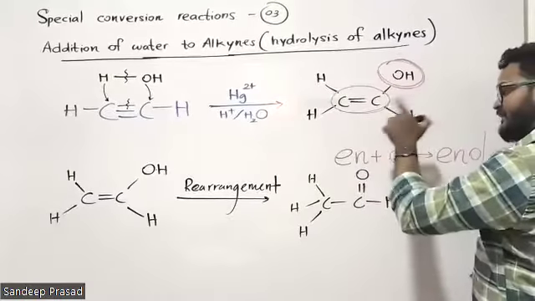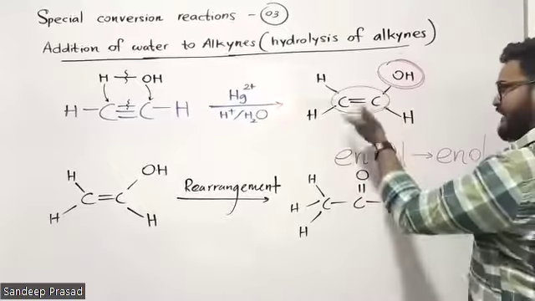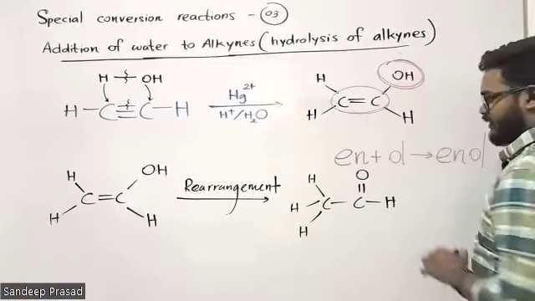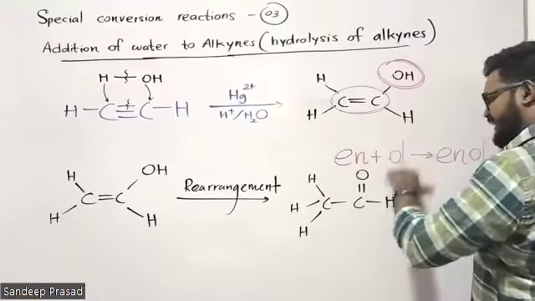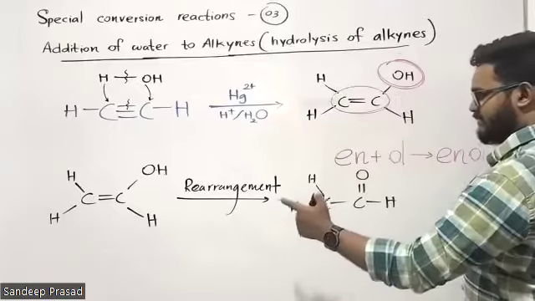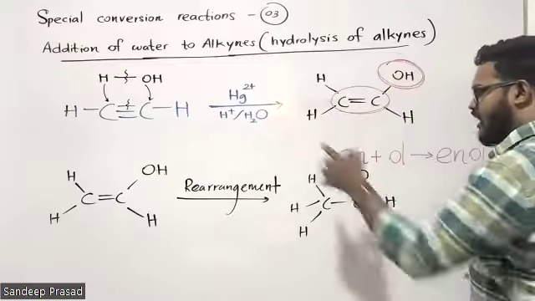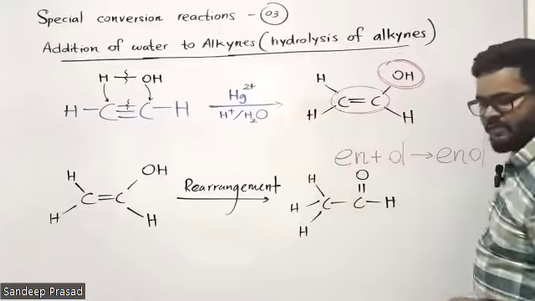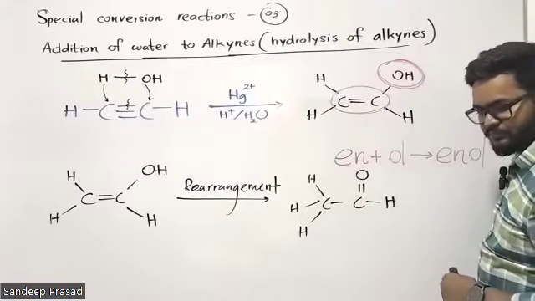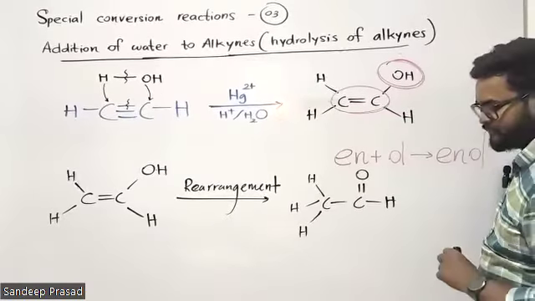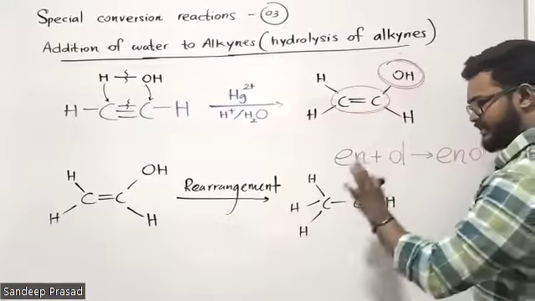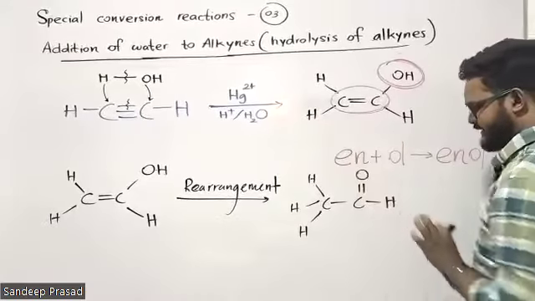There will be an intermediate product, that is enol. But remember, this enol is unstable. Since it is unstable, it is rearranging. After the rearrangement only, it will be converted into an aldehyde or ketone. Got it? That's what happened. So keep that in your mind. Let's learn this properly again in the theories.